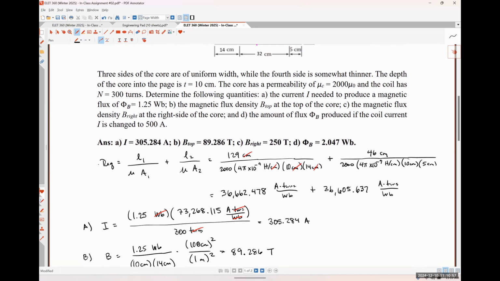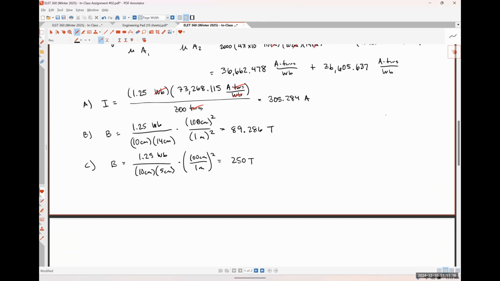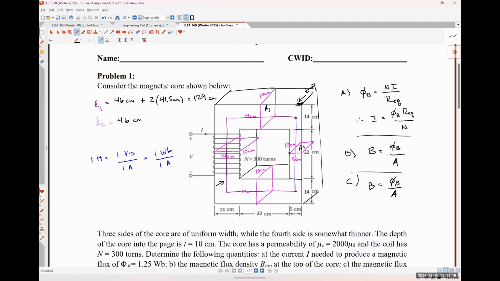All right, and then lastly, we want to effectively do the inverse. If we bump our coil current up to 500 amps, what will our flux be? So for part D here, we're just going to use this relationship, right?